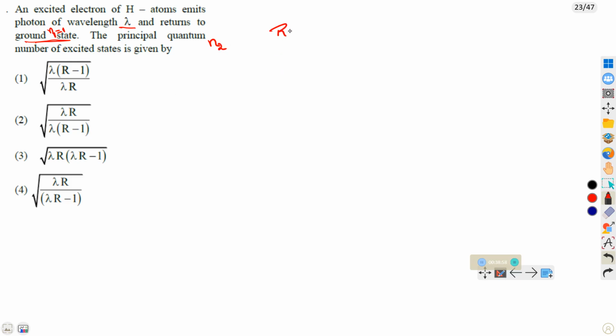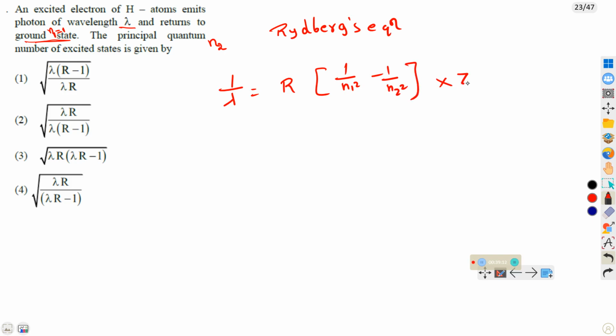According to Rydberg's equation, 1 by lambda is equals to R into 1 by n1 square minus 1 by n2 square into z square. This is hydrogen atom only, so z value is equals to 1.